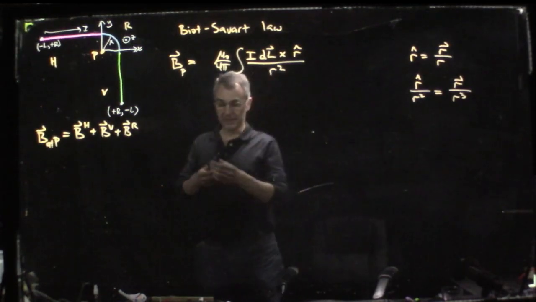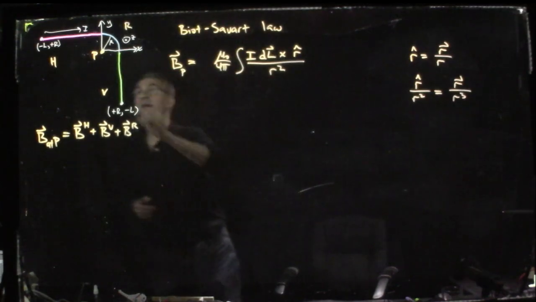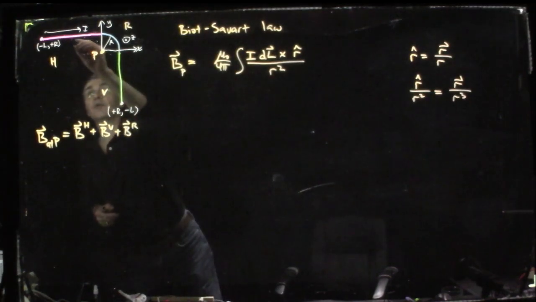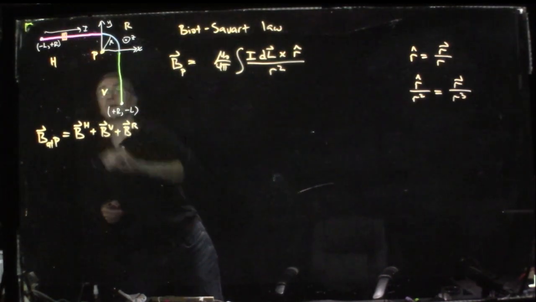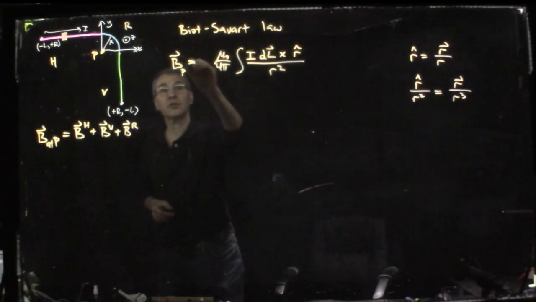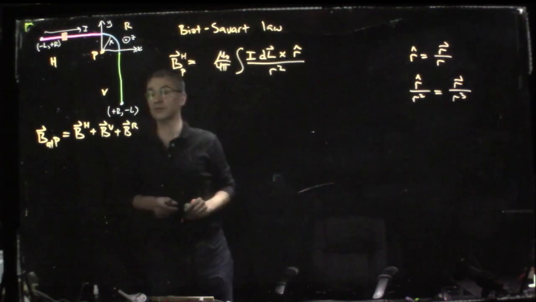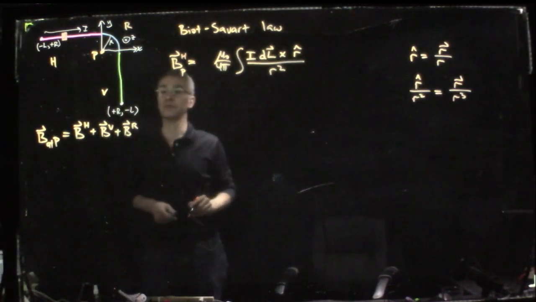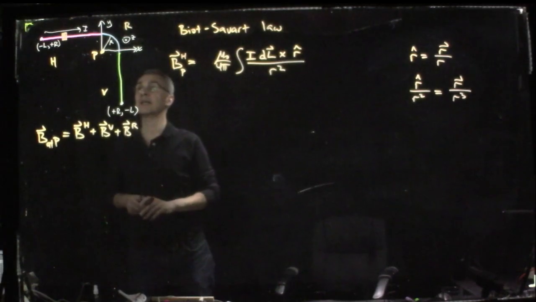So what do we mean by r? I'm going to pick a little point somewhere along this horizontal line segment. We're just going to evaluate the horizontal part for now, the horizontal segment of the current.